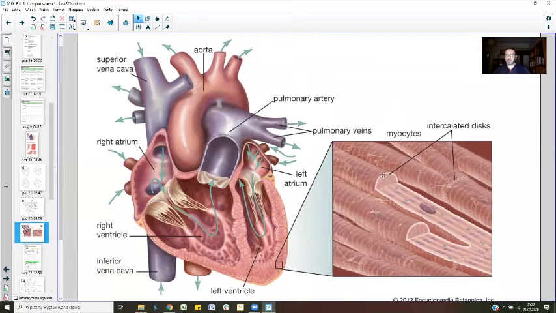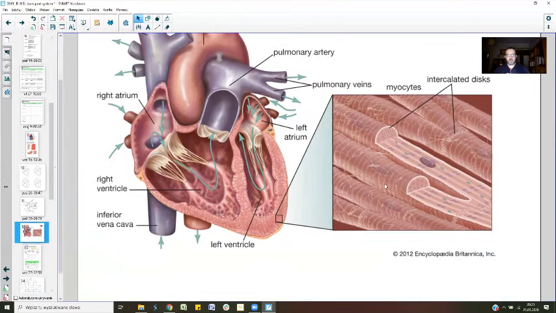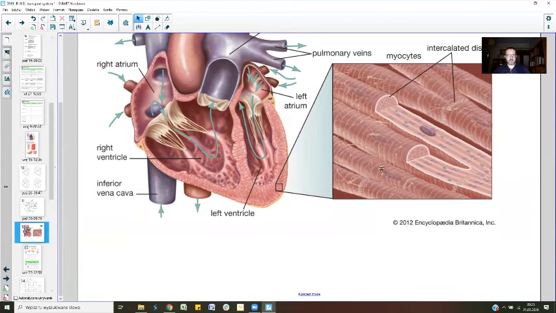Intercalated discs link cells together tightly, and inside this linkage there are channels allowing for rapid flow of depolarization. Therefore, the cells of the entire muscle of the heart contract as a unit.